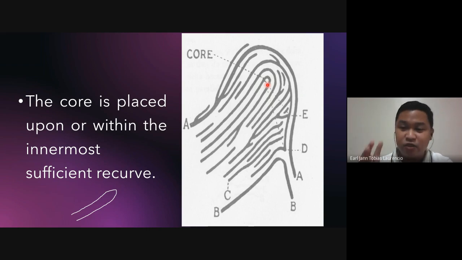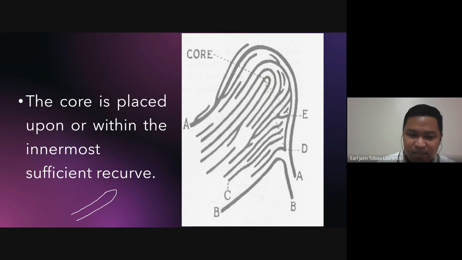Based on the first rule, we will treat this recurving ridge as if the legs are separated from each other. How is that possible? We will imagine that this recurving ridge has no shoulder.